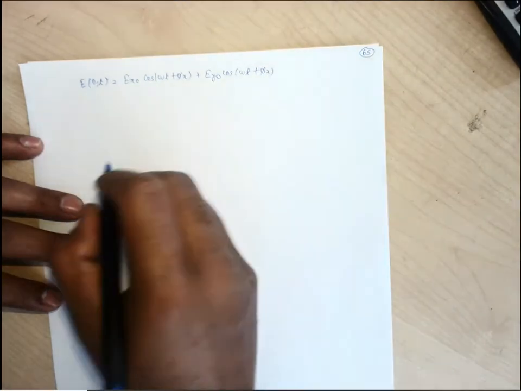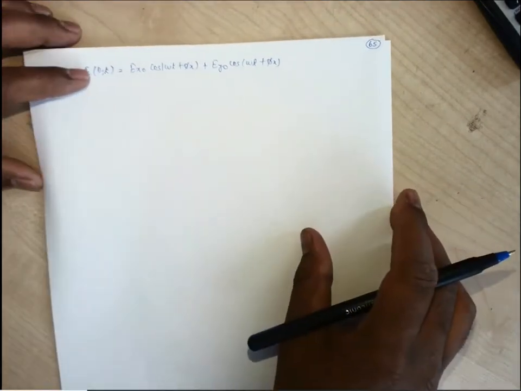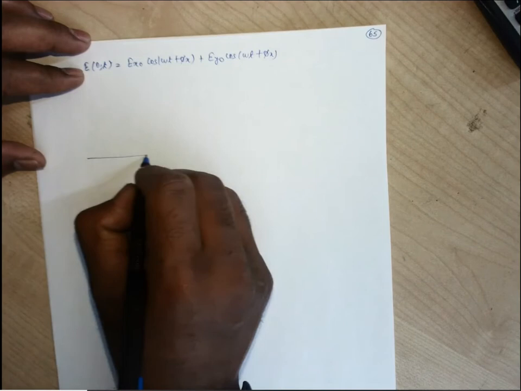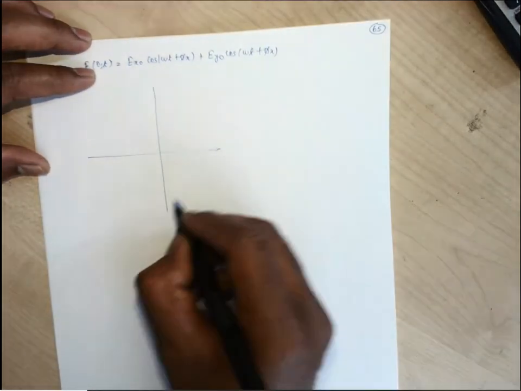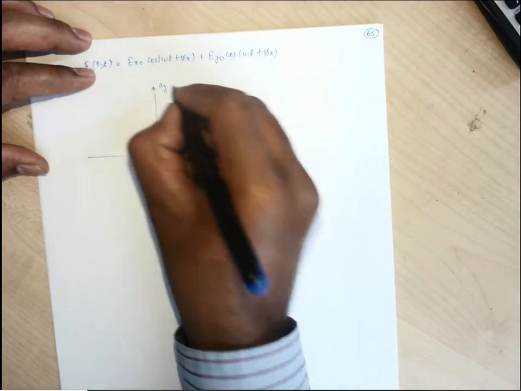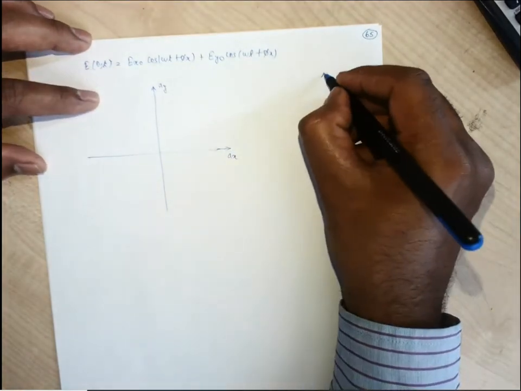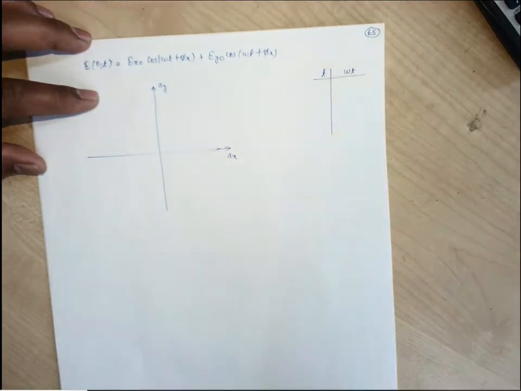So we'll have this ax and ay. Let us take t and omega t here.